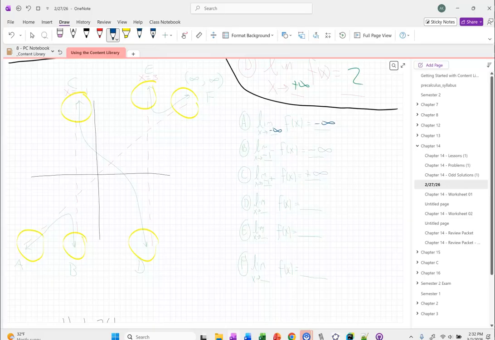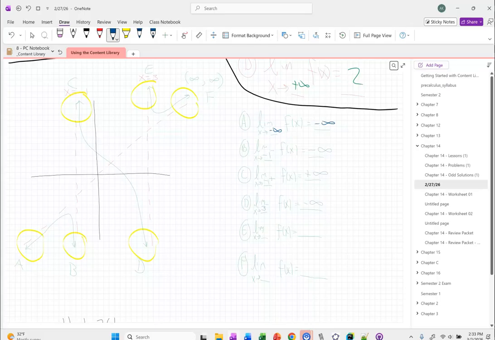D next. What x are we pointing to? 3, superscript negative. And what y value is this pointing to? Negative infinity.